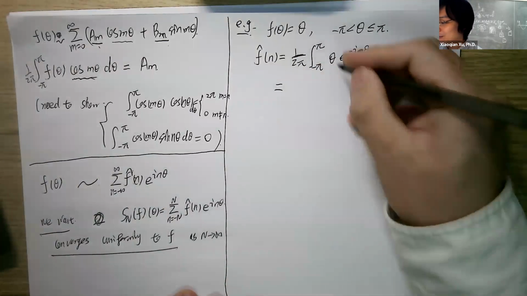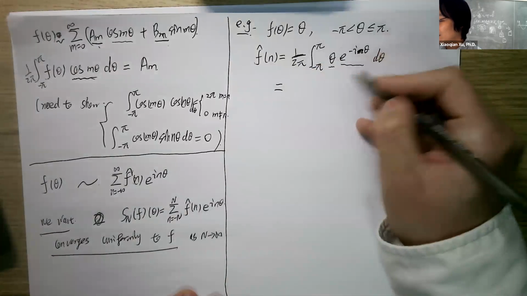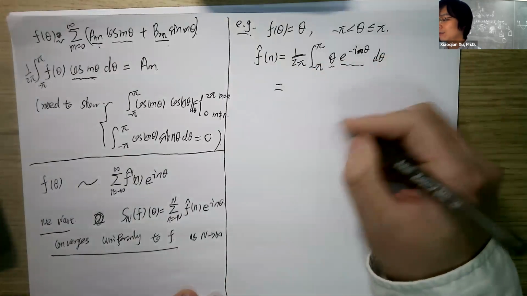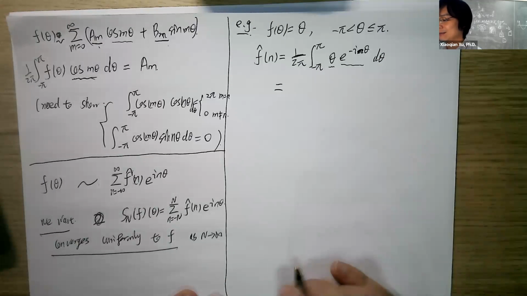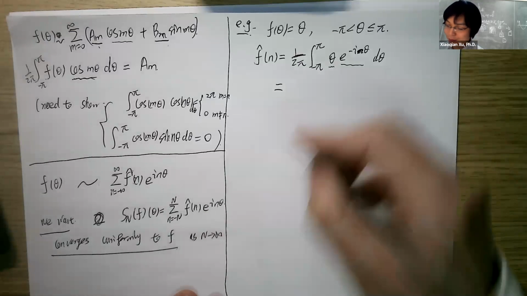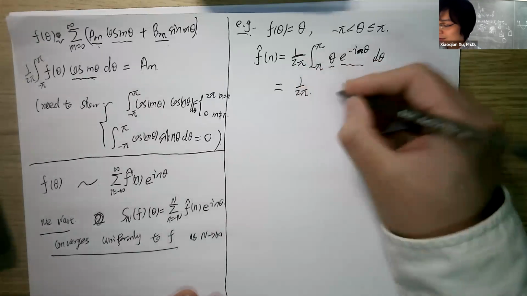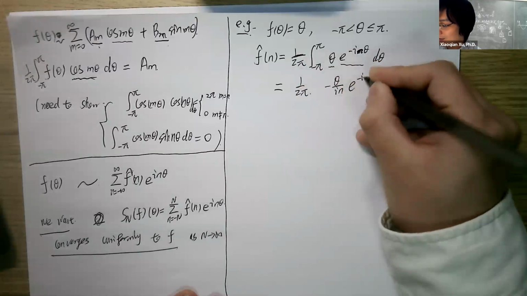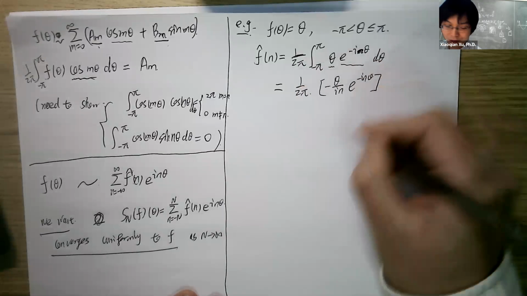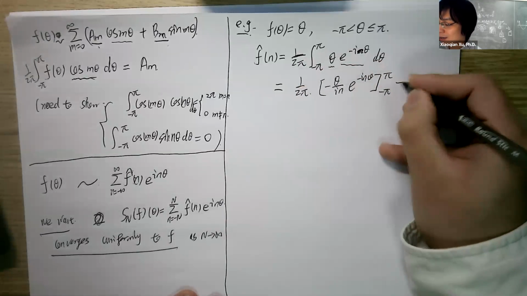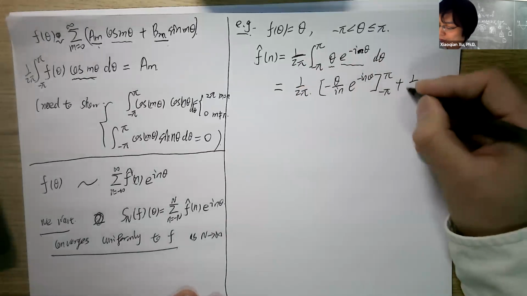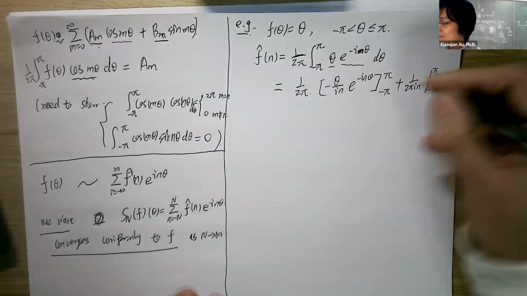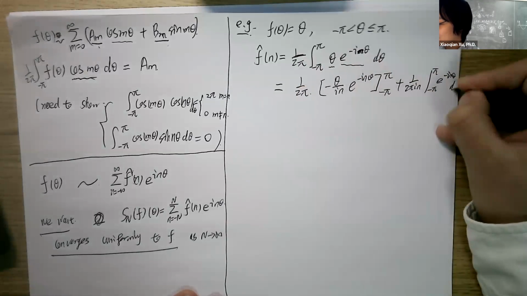We see this as a derivative of minus 1 over i n e to the minus i n theta. So it is 1 over 2 pi times minus theta over i n e to the minus i n theta, evaluated from minus pi to pi, plus 1 over 2 pi i n, integral from minus pi to pi of e to the minus i n theta d theta.